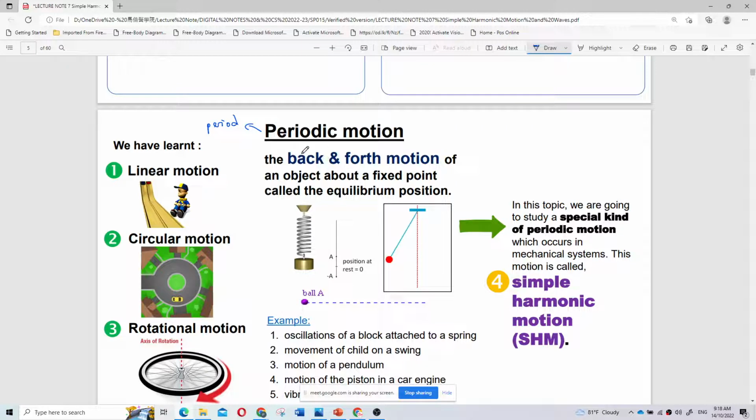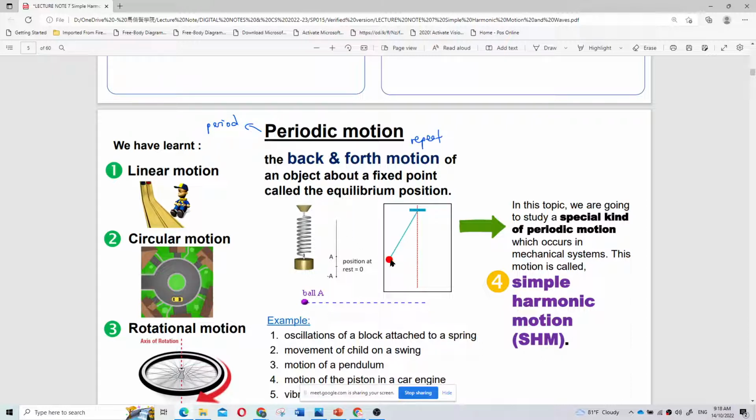It is a back and forth motion of an object about a fixed point called the equilibrium position. So it is back and forth, meaning it is repeating. This motion always repeats itself over and over again, and the time for it to repeat is one period.